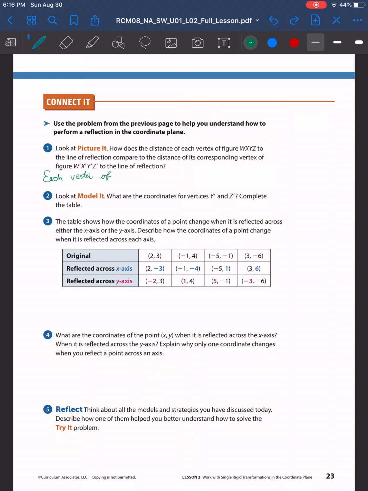So we're going to say each vertex of the image is the same distance to the line of reflection as the original image.